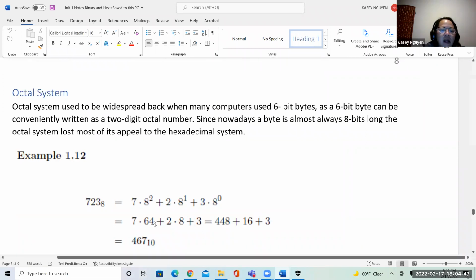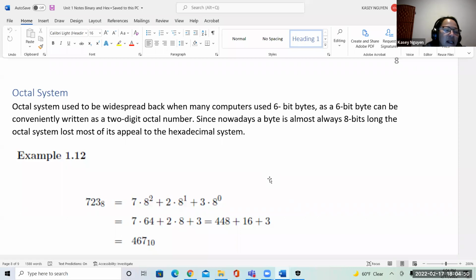And the octal system was used for some of the legacy computers. So when we say legacy, that's the older systems. As you open up your programmer calculator, you do see octal mode there, so you can enter an octal value.